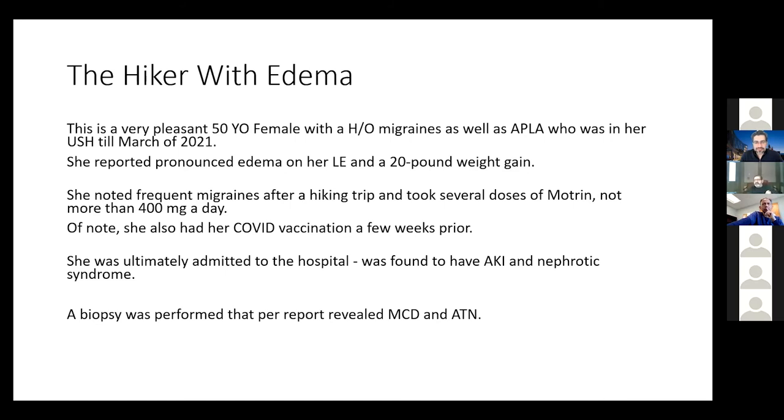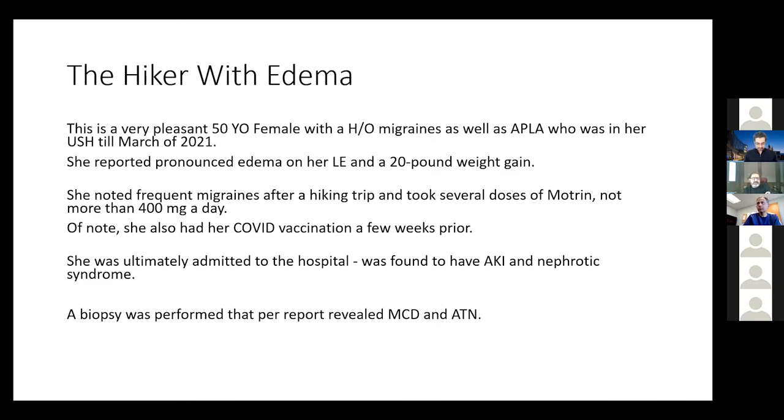So this is a very pleasant 50-year-old female with a history of migraines as well as antiphospholipid antibody syndrome. She just had an antibody positive, and she possibly had a minor TIA some years ago, so she's been on aspirin since that time. She was in her usual state of health till March of 2021.